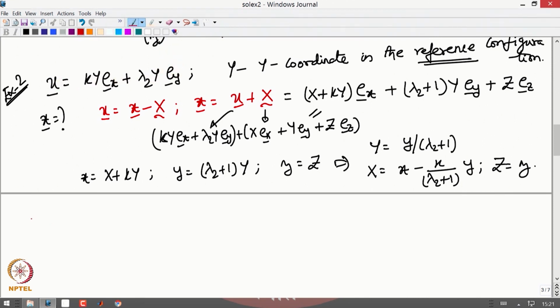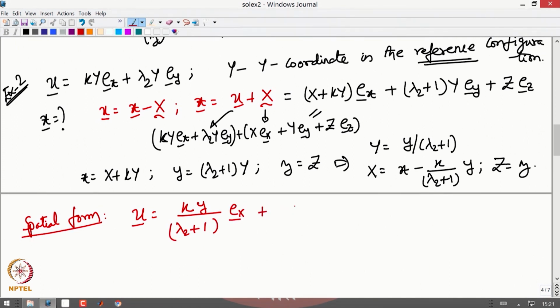In spatial form, u would be kappa y by (lambda 2 plus 1) Ex plus lambda 2 by (lambda 2 plus 1) into small y Ey, where I have substituted this equation for capital Y in this expression, to get this equation.